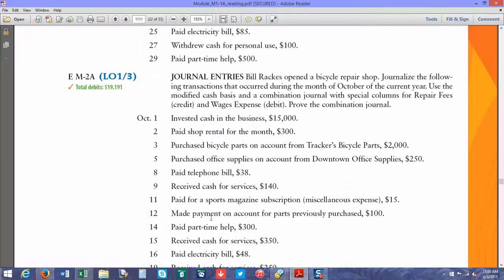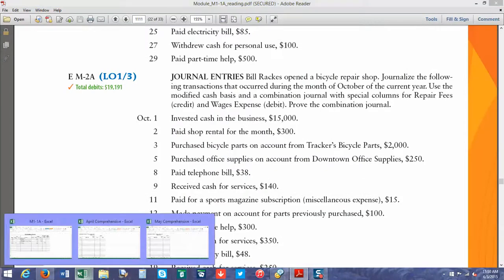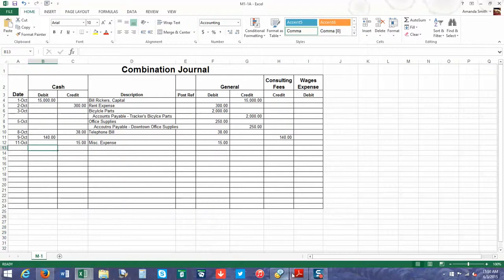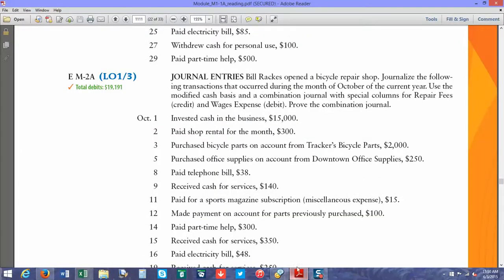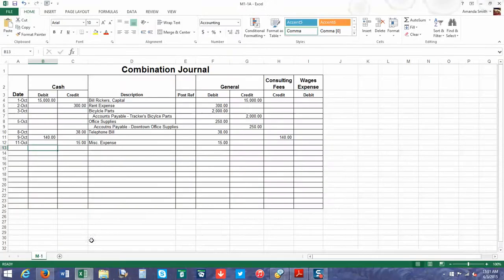Next, we made a payment on account for parts previously purchased of $100. And that was on the 12th. So we have October 12th. We're going to decrease cash $100. And then we're going to debit $100 to show that we're decreasing our accounts payable.